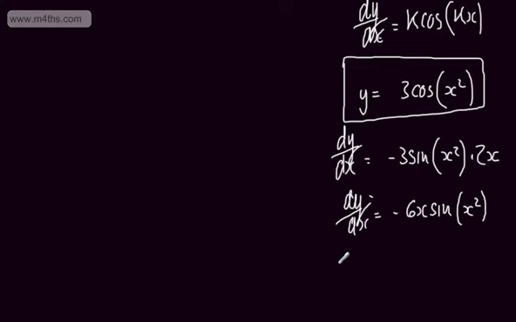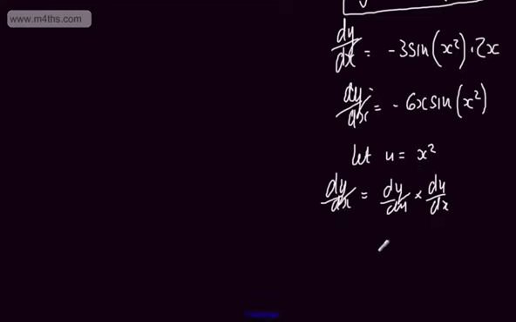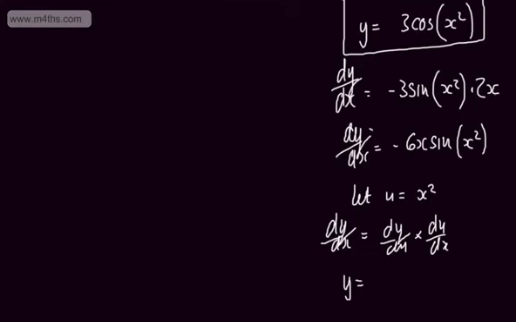So let's say if y is equal to 3 cos of x squared, let u be equal to x squared. We know by the chain rule that dy by dx will be equal to dy by du multiplied by du by dx. So if we look at the derivative, we can write this here: y is equal to 3 cos of u.